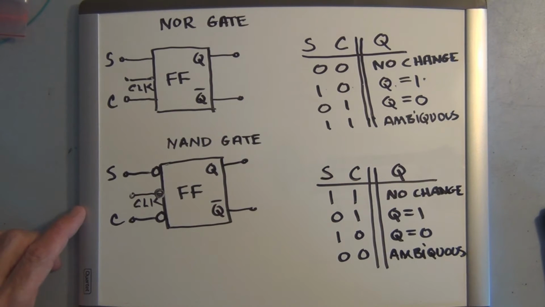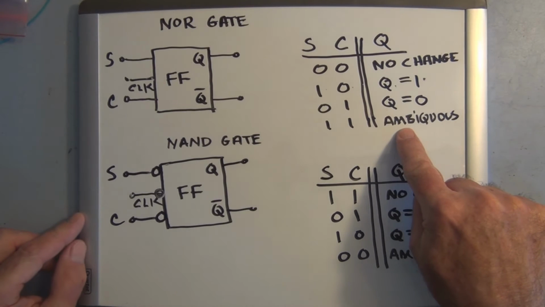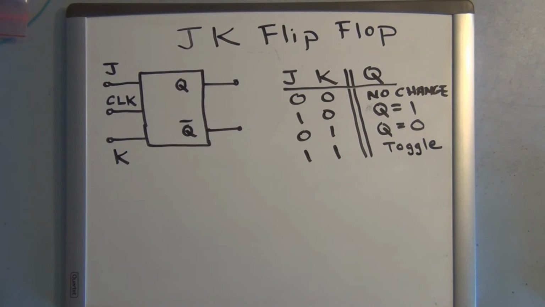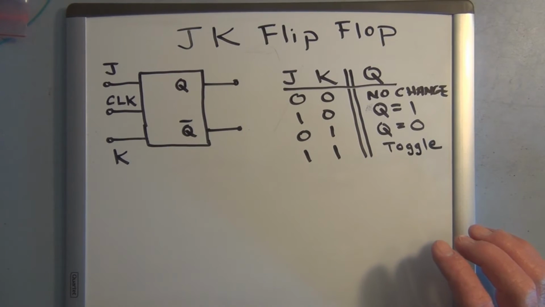So if it's a 1, when the triggering edge of the clock pulse occurs, it'll go to a 0, and if it's already a 0, it'll then go to a 1. So the JK flip-flop does everything a Set-Clear flip-flop does, plus it has this toggle mode of operation. That's why it's more popular.